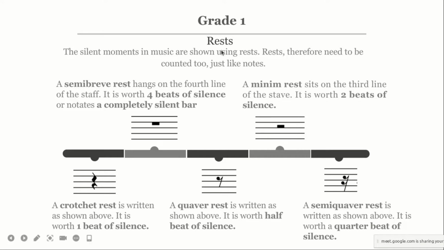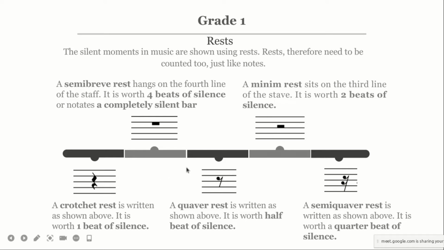I usually like saying that the minim rest is sitting on a line, and the semi-brief rest is hanging from a line. And then I like thinking that this semi-brief rest is hanging on the 4th line, and then the minim rest is sitting on the 3rd line. Does it make sense to you?